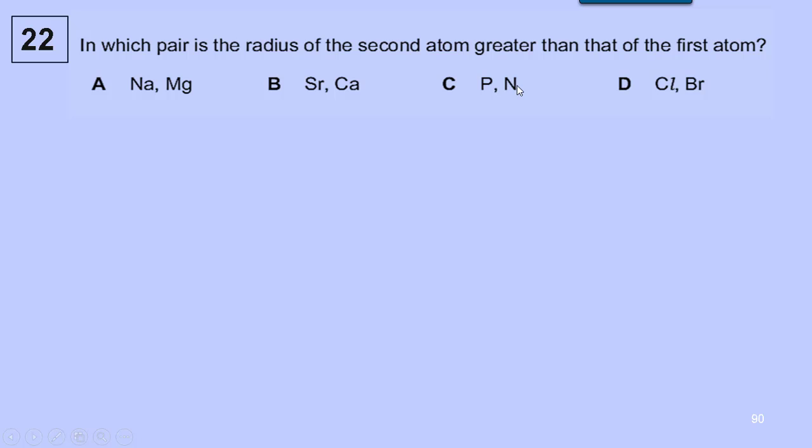Phosphorus and nitrogen lying also in the same group, but phosphorus has higher atomic radius than nitrogen. The last and the correct one, chlorine and bromine, because they are lying in the same group. Bromine has higher atomic number, the atomic radius will increase.